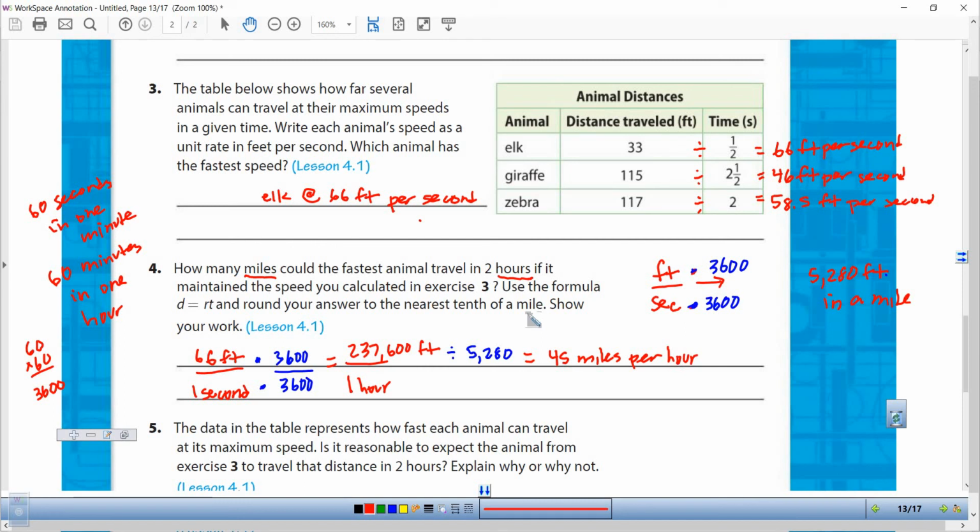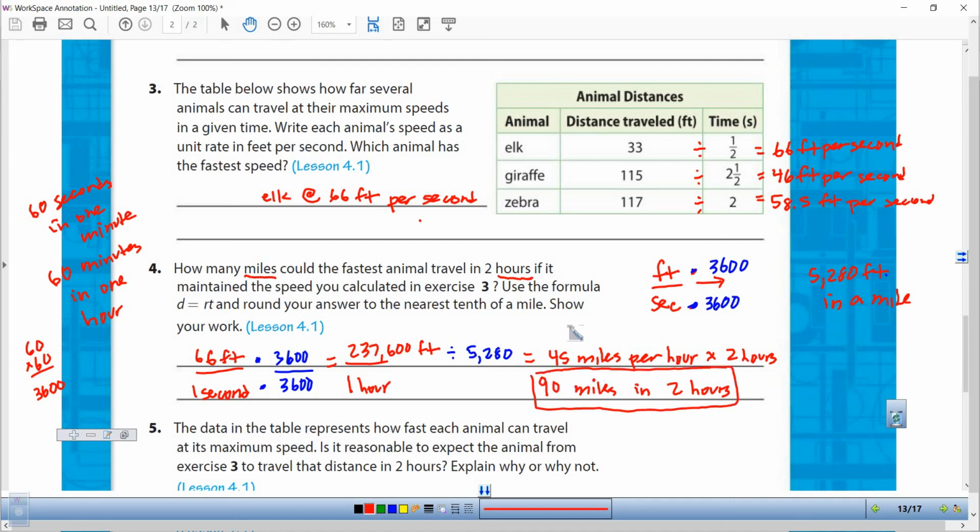Alrighty? Okay. So now we're talking. So if it goes 45 miles per hour for 2 hours, times 2 hours, we will get 90 miles in 2 hours. Okay? 90 miles in 2 hours.